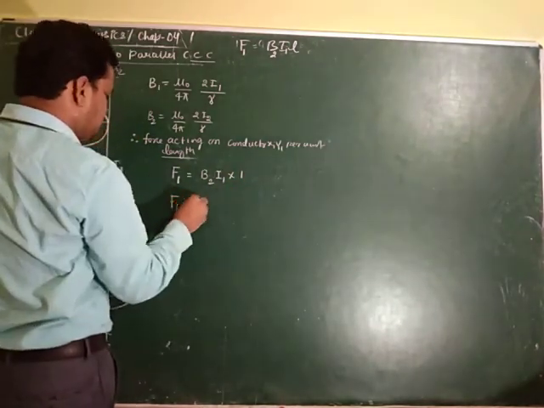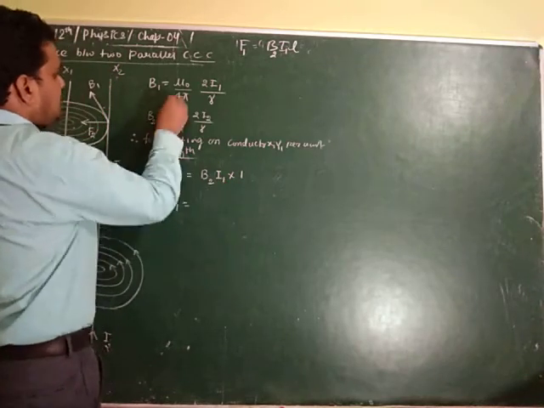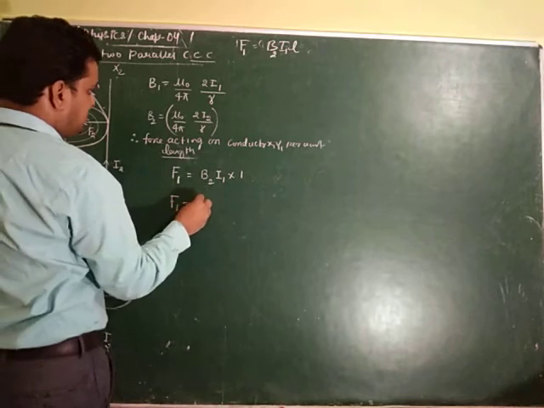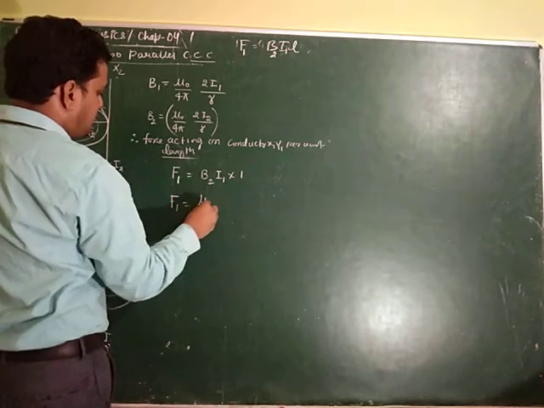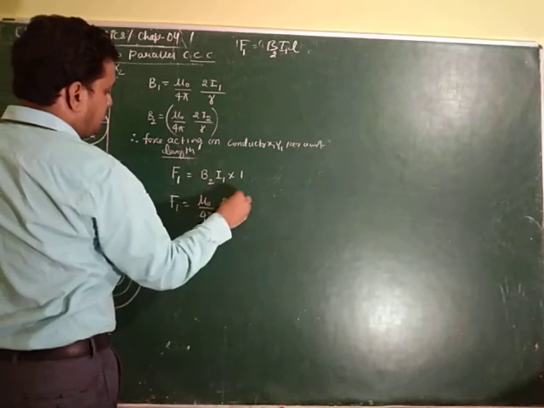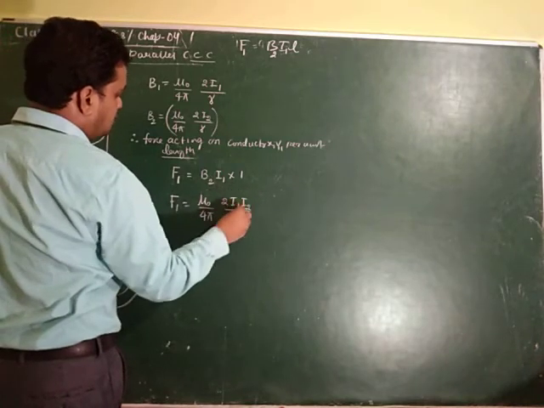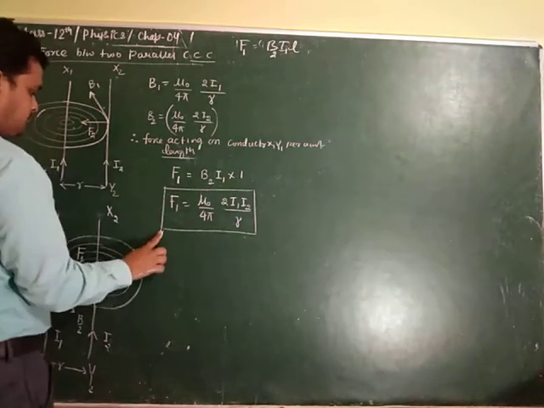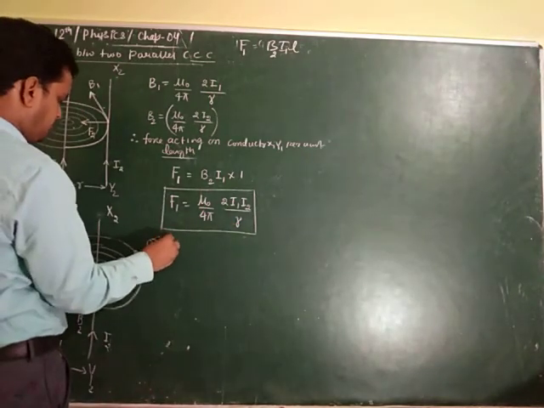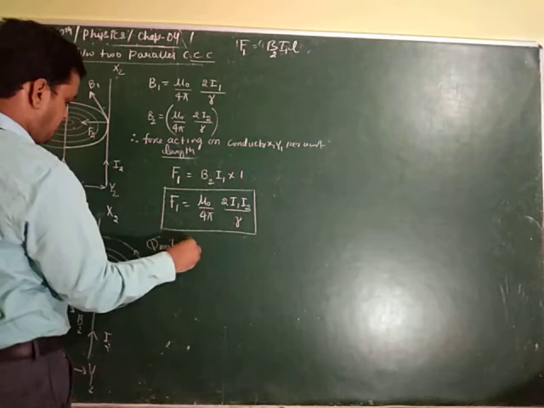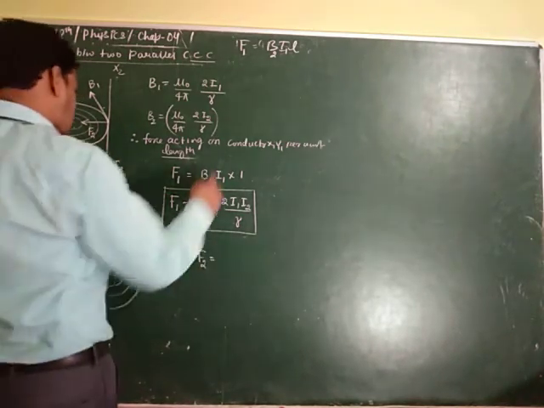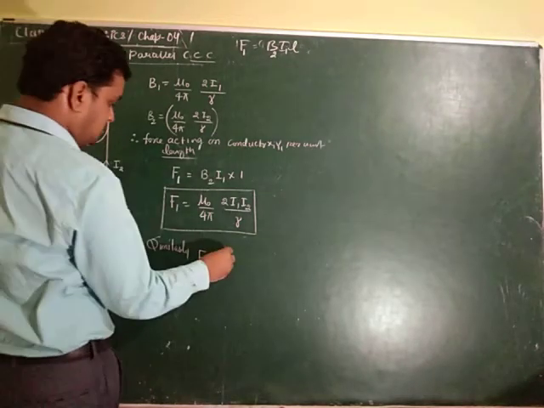So F1 is equal to, what is B2? So B2 we have here, I just multiply by I1. So mu naught by 4 pi into 2 I1 I2 upon R. Similarly, F2 is equal to the force acting on conductor X2 Y2.